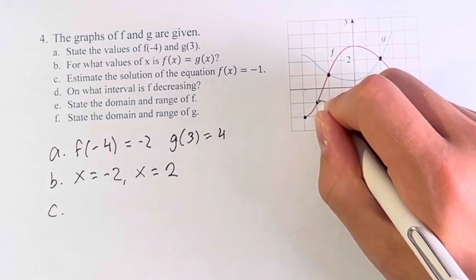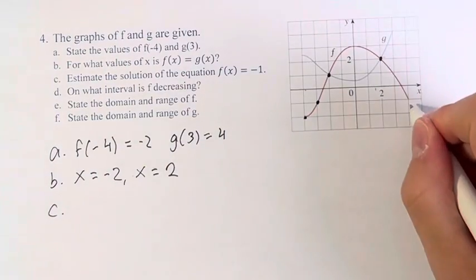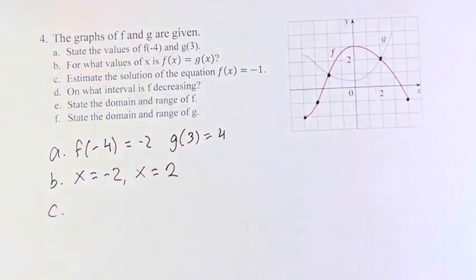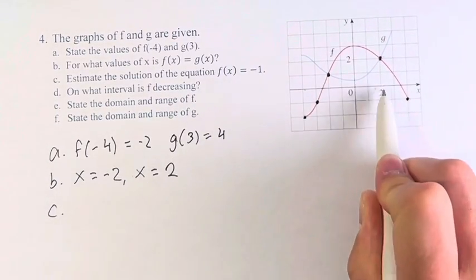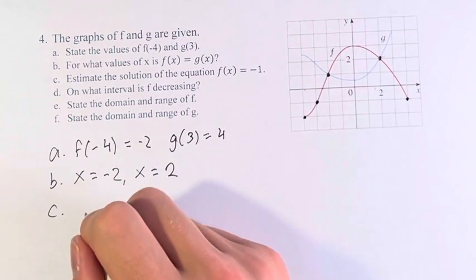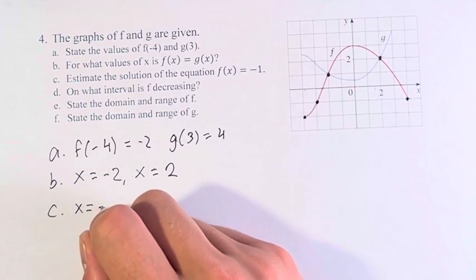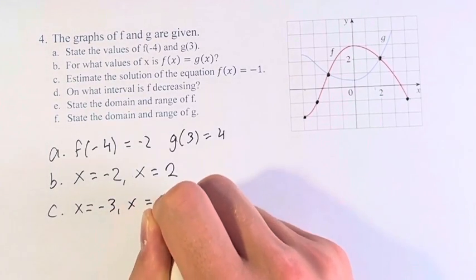So we get here and here. What are the x values of these 2 points? Negative 3 and positive 1, 2, 3, 4. So x is equal to negative 3 and x is equal to 4.